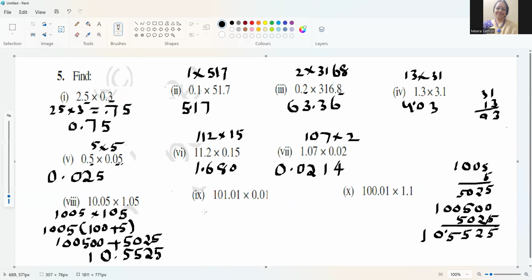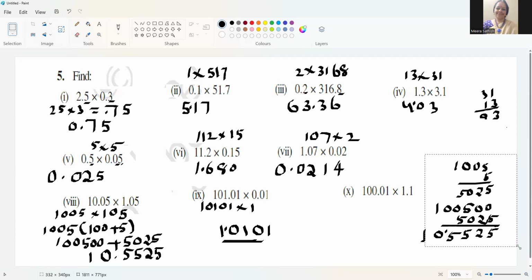First multiply without the decimal into 1. So the same number you will get, no? 1, 0, 0, 0, 1. How many decimal places? 1, 2, 3, 4 decimal places. And here we have to multiply with the 11.